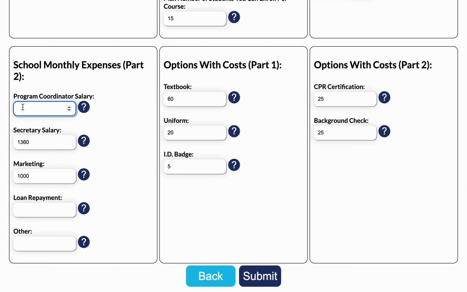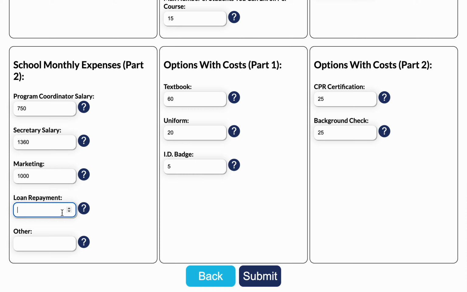That's 15 hours a month. How much would you want to stipend that person? 750. Okay, we're going to stipend them for $750.